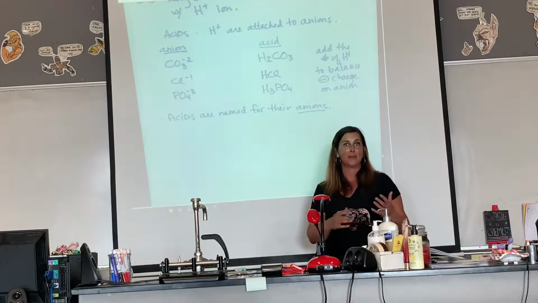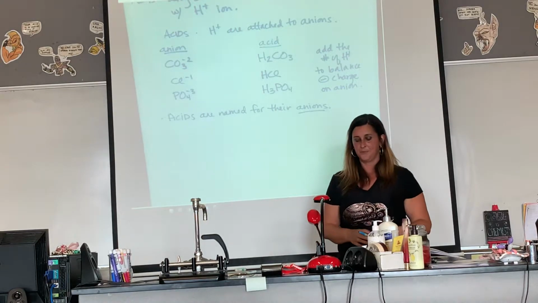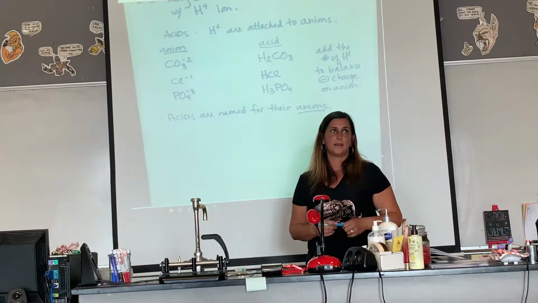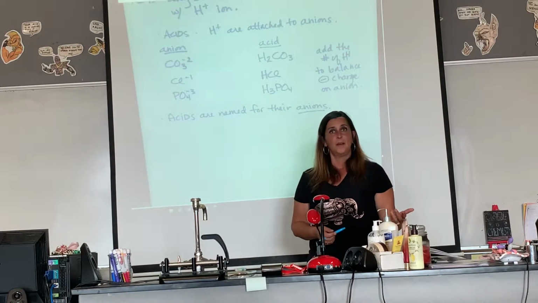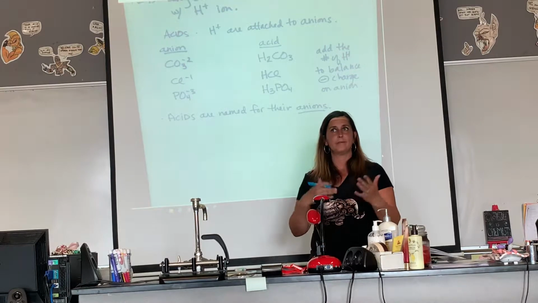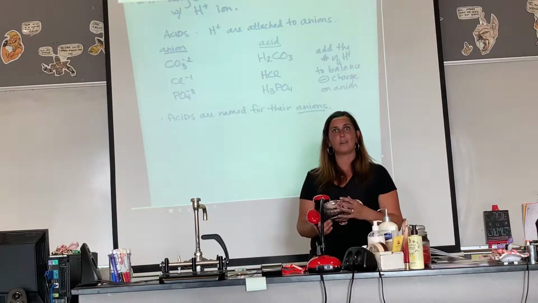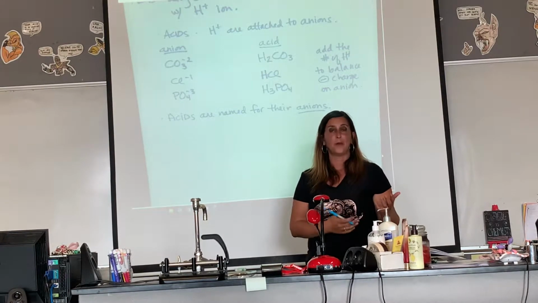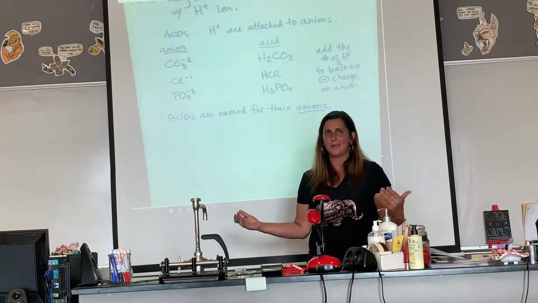If you've ever conjugated a verb in a different language, like in Spanish, you will very easily understand what has to happen to name an acid from its anion's name. And even if you haven't, you can still learn it. It's easy.